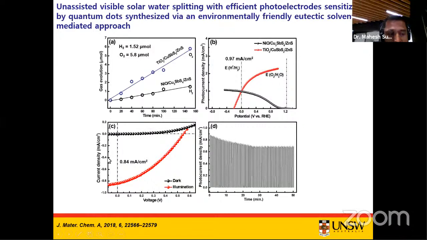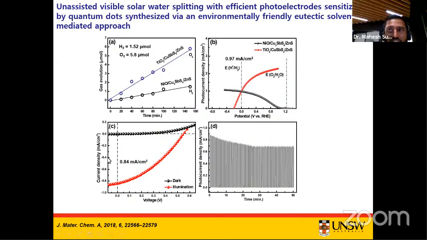Of course, that's because NiO can be deposited as a transparent film, whereas TiO2 can't be. Simply, it means TiO2 is opaque, whereas NiO is slightly transparent, which can allow the light to pass to the photoanode, which can again contribute to improving the photocurrent density.